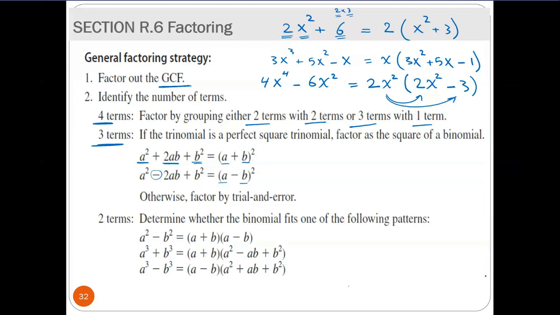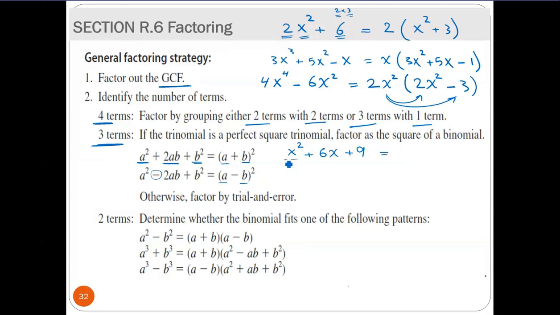Just a quick example like this. If we have x squared plus 6x plus 9, look at this.